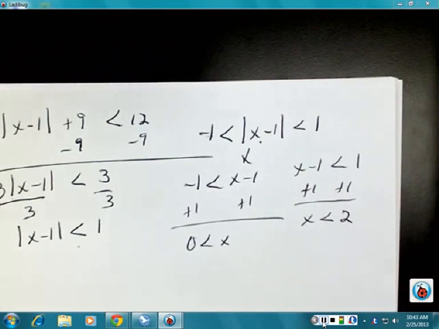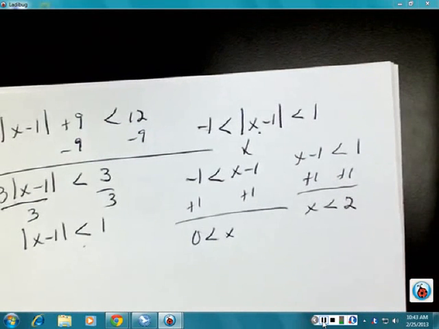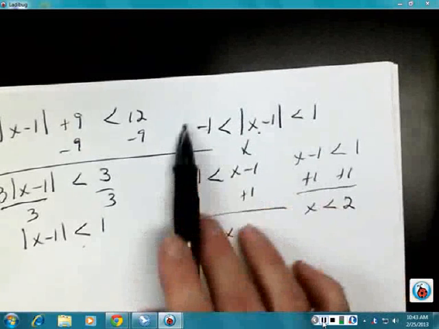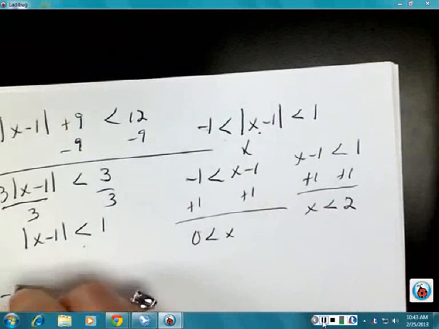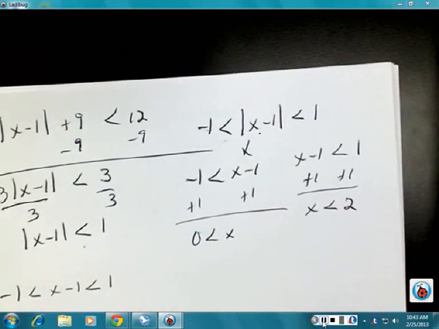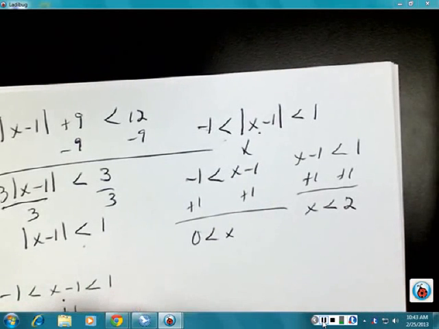The question that was asked was, could I just do this all in one step? Remember we were doing those where we had 1 and x minus 1, doing this whole piece in here and adding 1 and plus 1 and plus 1, and you get 0 is less than x is less than 2.